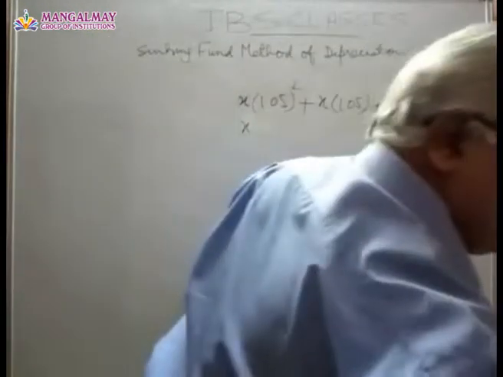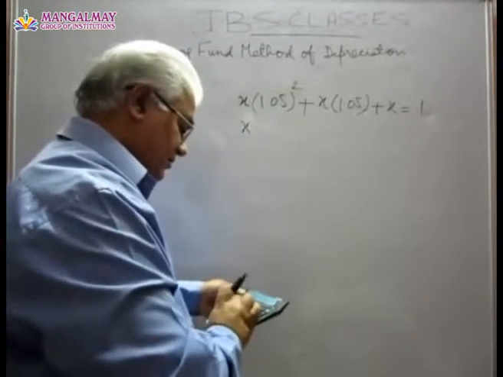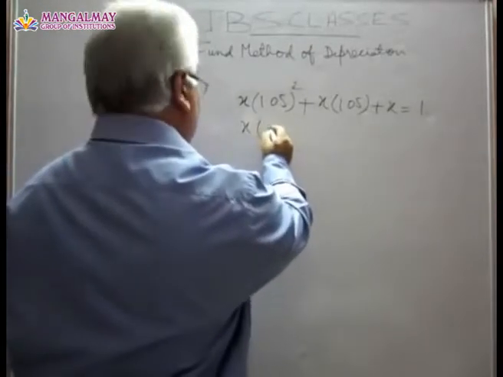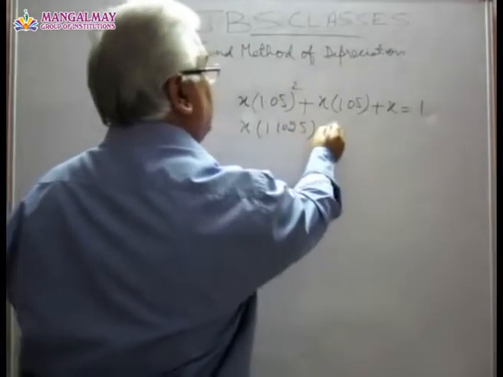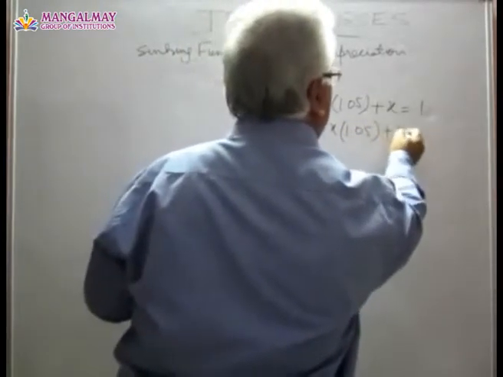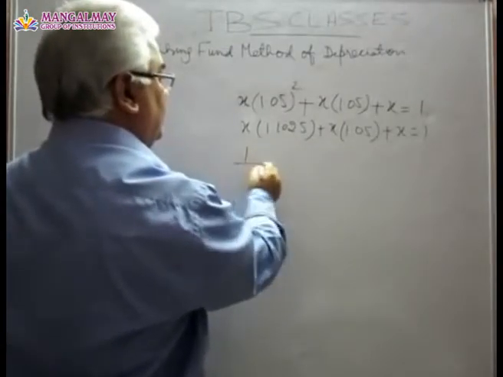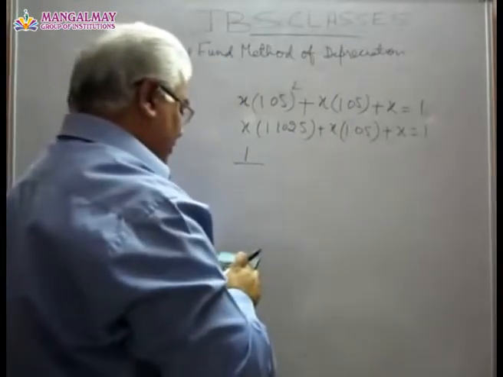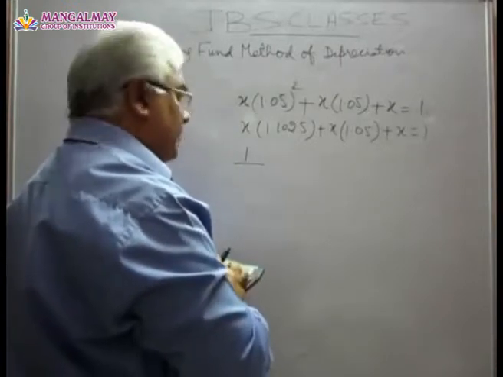So what shall be X? Let us calculate and total all these amounts: 1.1025 plus 1.05 plus 1.